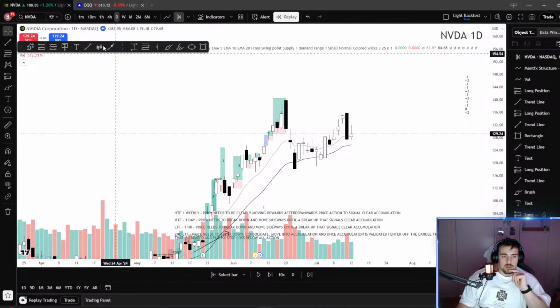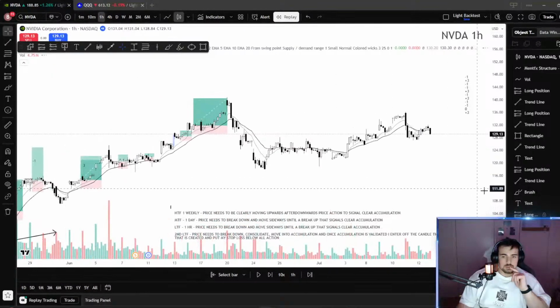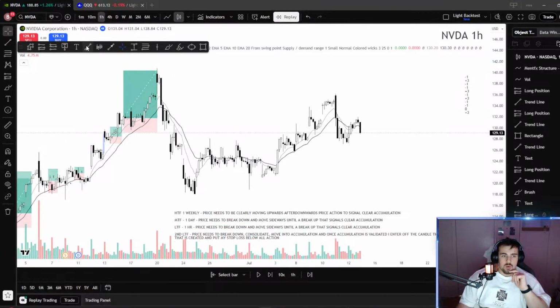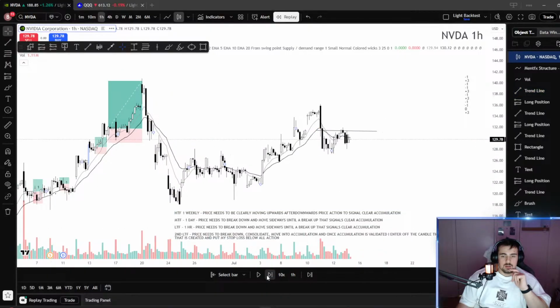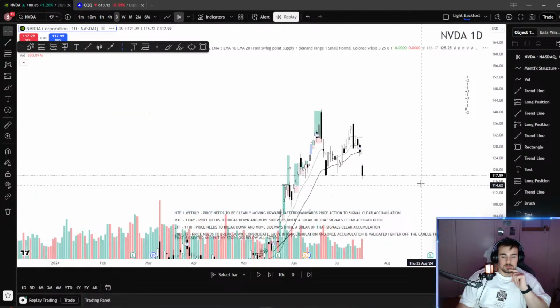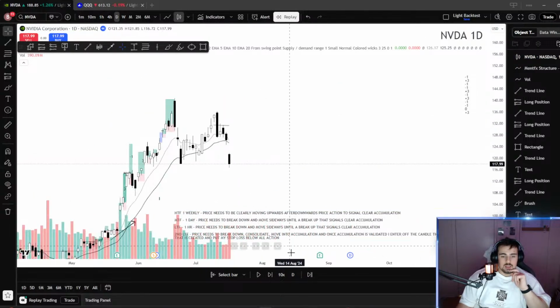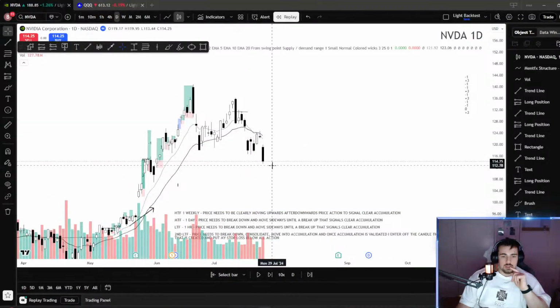Do we get a pullback? We get a pullback. And now we want the 1 hour to move sideways and then signal a break upwards, which we don't get. Daily continues to move sideways. And now it's in distribution.